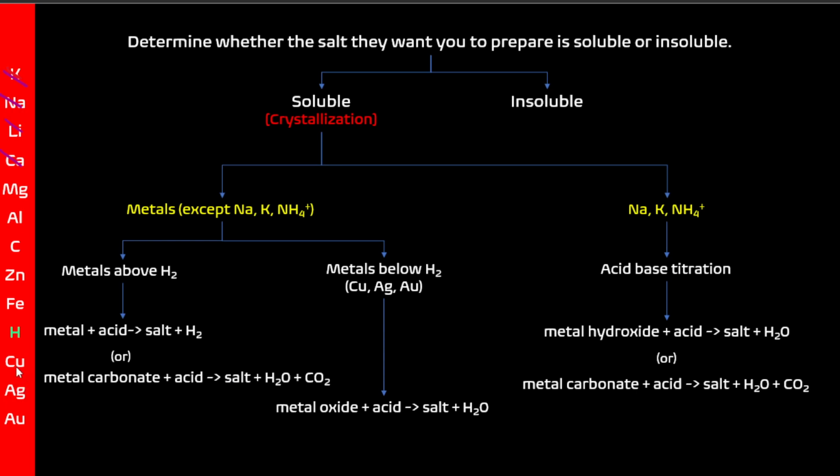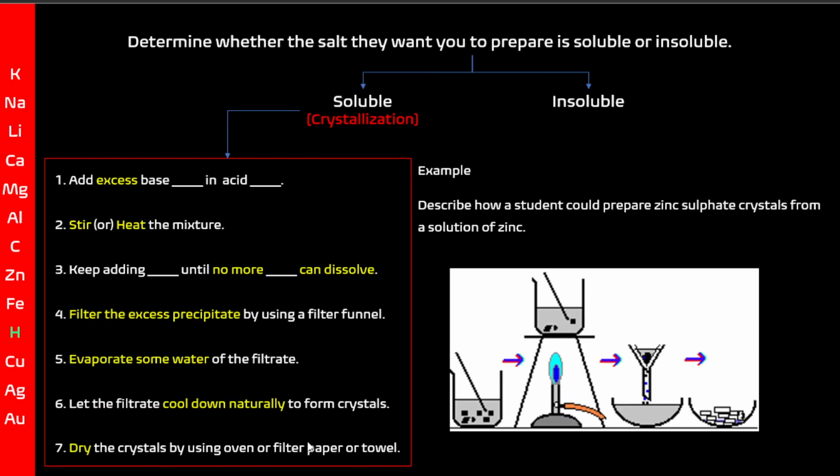For the metals below hydrogen, since they are not reactive at all, we need to use an oxide of these metals, which will be metal oxide plus acid reacting to give salt plus water.